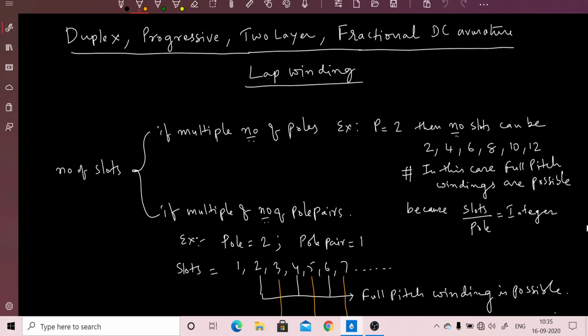Good morning, everyone. In the last class, we took two examples of simplex lap windings: one is progressive type, and another one is retrogressive type.